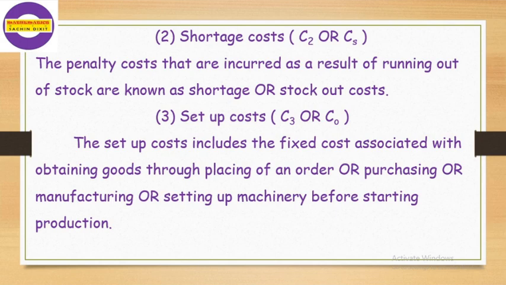Setup costs are also known as order cost or replenishment cost. They are assumed to be independent of the quantity ordered or produced. Setup costs are denoted by C3 or CO per production run or per cycle.